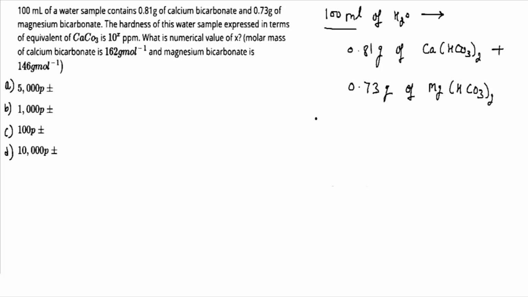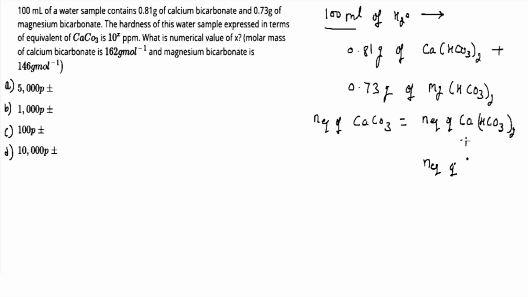So I can write here the gram equivalent of calcium carbonate is equal to the gram equivalent of calcium bicarbonate, Ca(HCO3)2, plus the gram equivalent of magnesium bicarbonate.